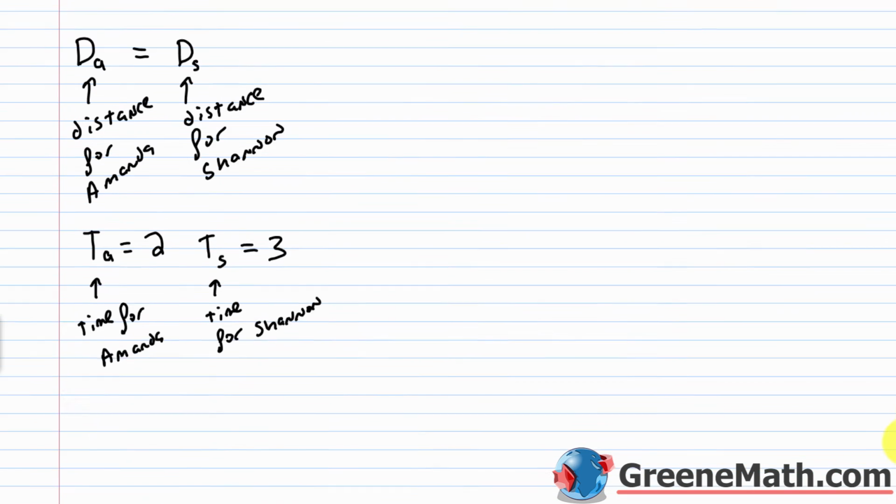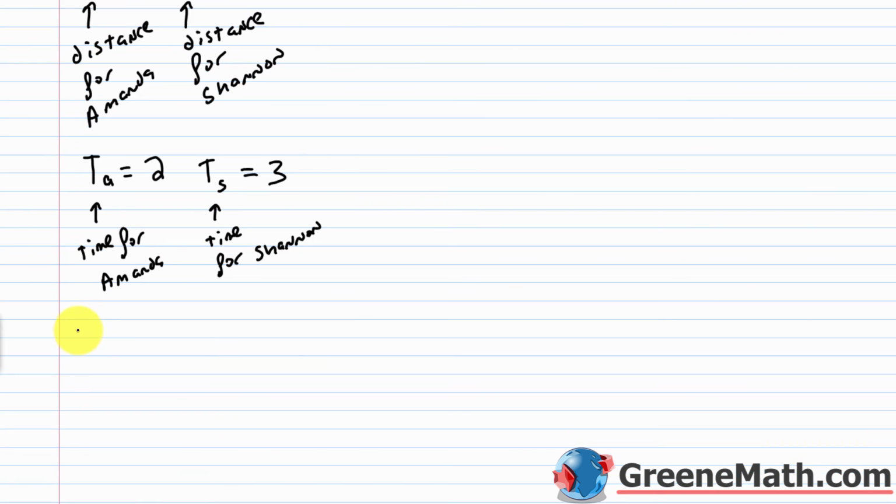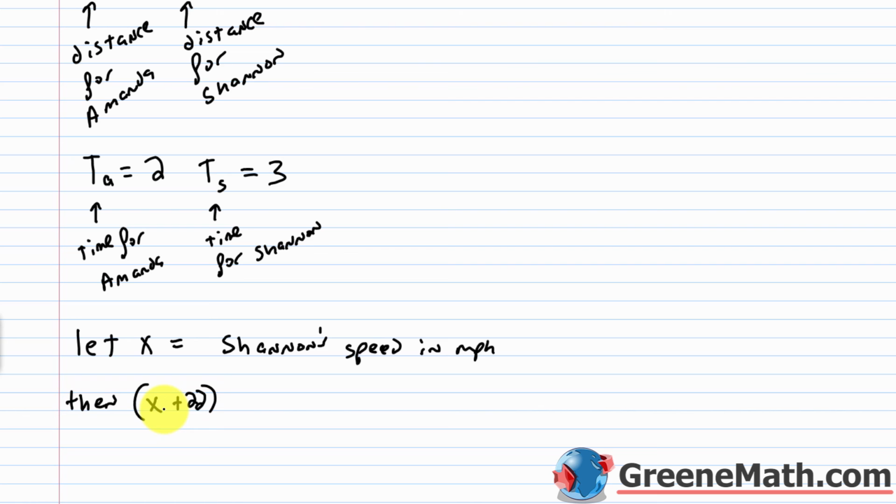So let's let x equal Shannon's speed in miles per hour. Then x plus 22, as it tells us in the problem, she's going 22 miles per hour faster, is going to equal Amanda's speed. Again, this is in miles per hour.